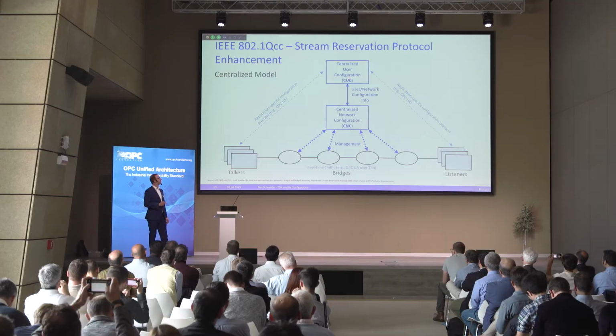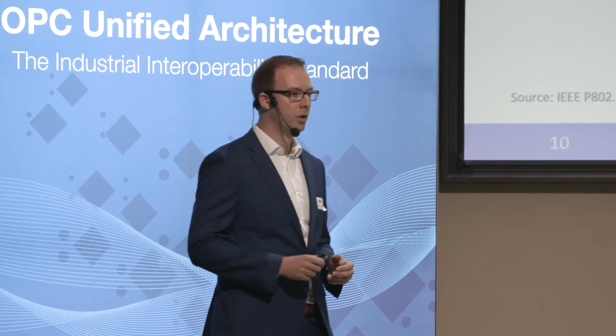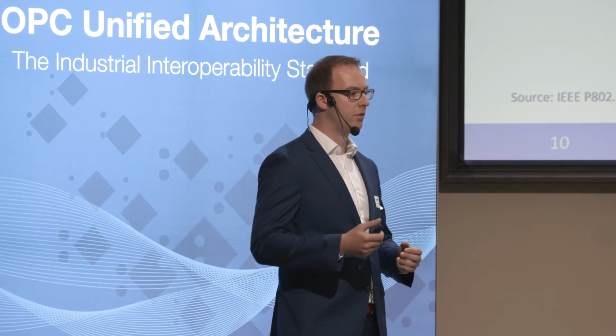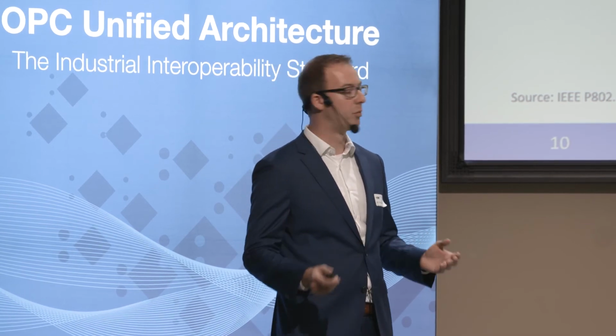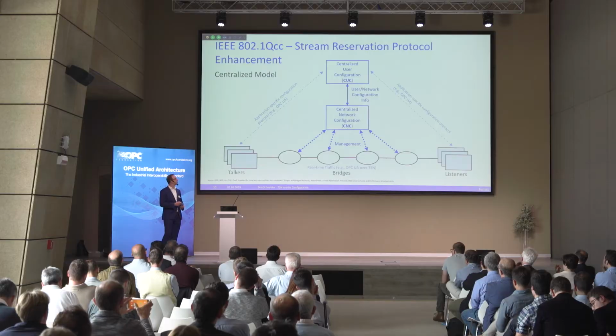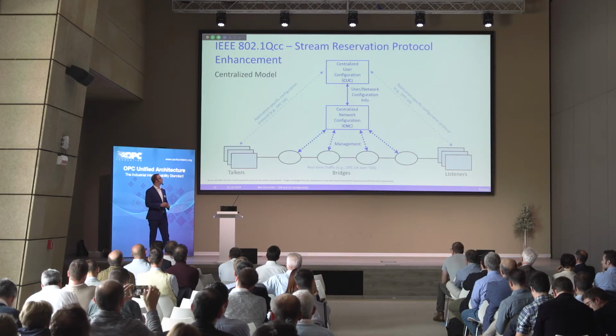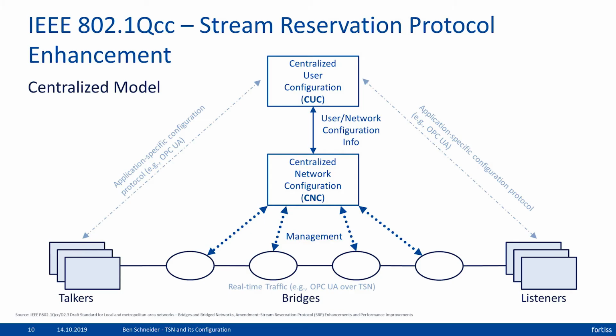You can either as a user directly model the network, for example, the network topology, the different latency and jitter requirements, or the different capabilities of your bridges, and so on and so forth. All this information will be stored in the centralized user configuration. And you could also directly communicate with the end devices, for example, also via OPC UA to get the requirements of the individual network devices and store them in this centralized network model, I would say, or the knowledge base.